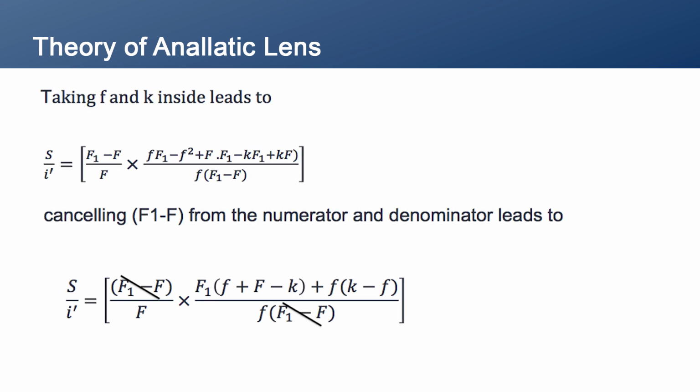Now, taking f and k inside leads to S by I is equal to f1 minus f by f into small f capital F1 minus f square plus f f1 minus k f1 plus kf by f into capital F1 minus capital F. Then cancelling f1 minus f from both the denominator and the numerator leads to S by I dash equal to f1 into f plus f minus k by ff plus f into k minus f by ff.